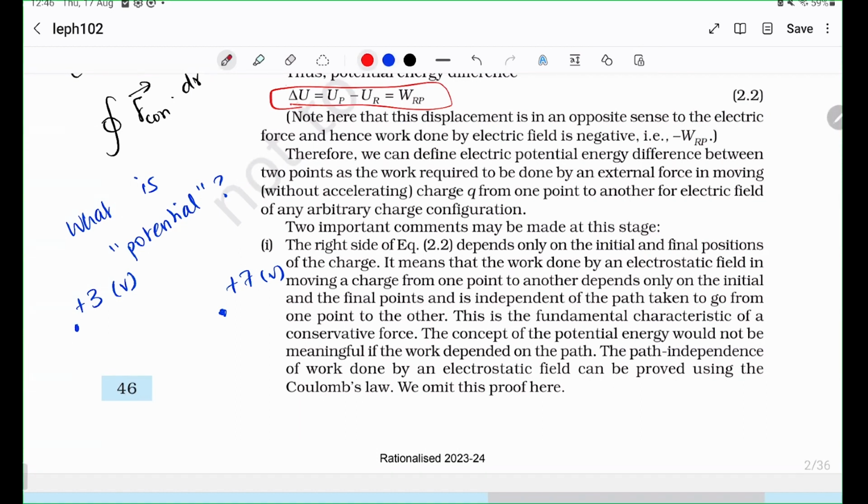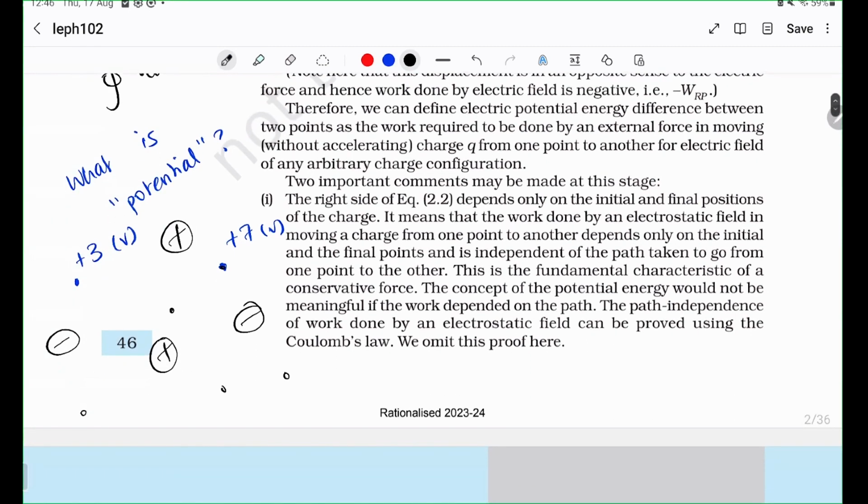So now let us say that these numbers are decided by the charge distribution. So there could be a bunch of negative and positive charges, and because of the contributions of all of this, each point in space has a number. Any point in space that you give me has a number, and a very important property is that every point has only one number at a given instant of time.